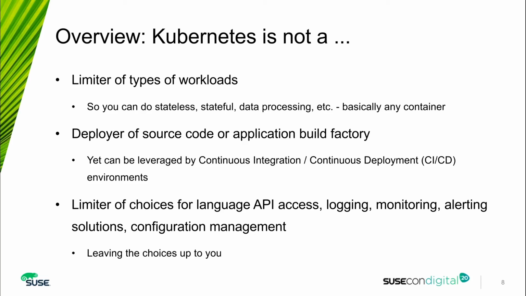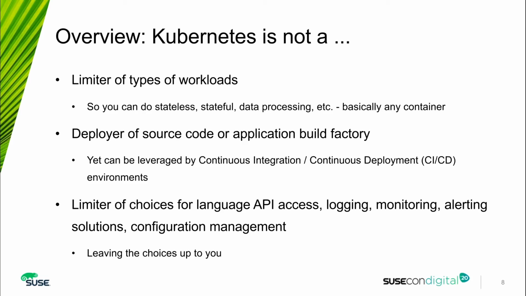All right. And it's not a limiter in choices of language APIs. Okay. There's so many ways that you can interact with it, and it doesn't put a restriction and say, if your application is not running C++, I can't do anything with it. It doesn't matter, because again, the goal of it is what's the microservice, what's the image underneath it, and what are the APIs that it relies upon and provides.